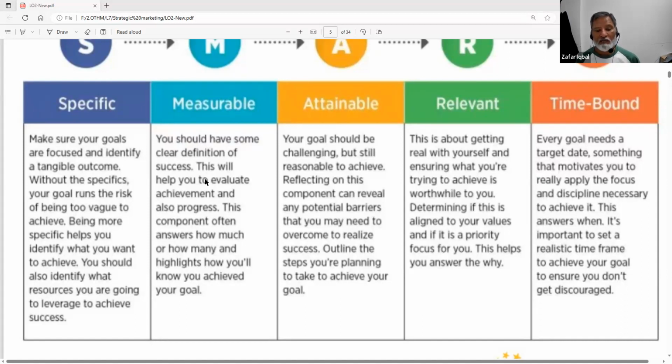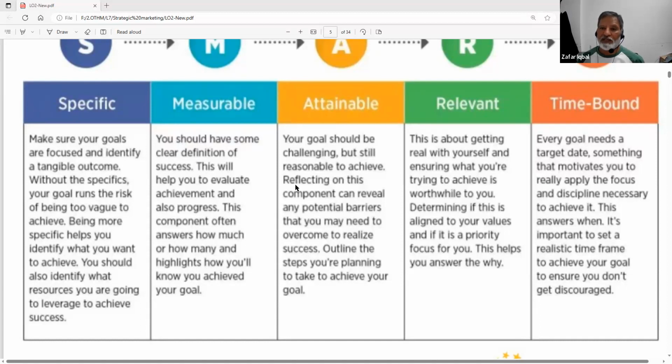For example, in percentage terms, we want to increase our market share by 5% in the next year, and so on. Or we want to determine our marketing profit in the next year of 5% or 10% and so on. Okay, so it's got to be measurable, and attainable in terms of what you can achieve.